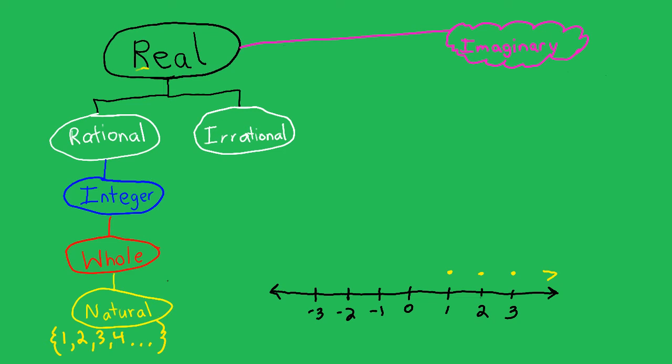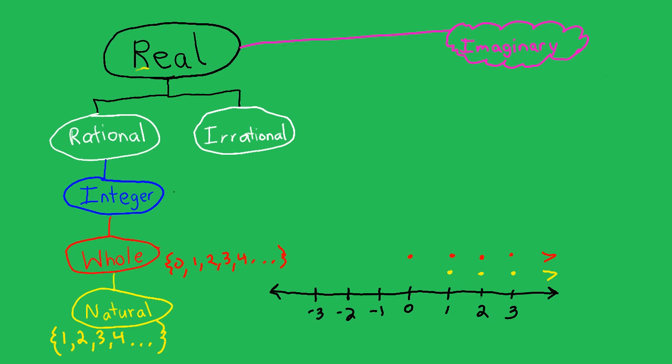And then whole numbers is the next set we have, and they're just the natural numbers with 0 added into it. So that's 0, 1, 2, 3, 4, and on to infinity. That's the same thing here with 0 added on the number line. And now integers are whole numbers, but also the negatives of those numbers included.